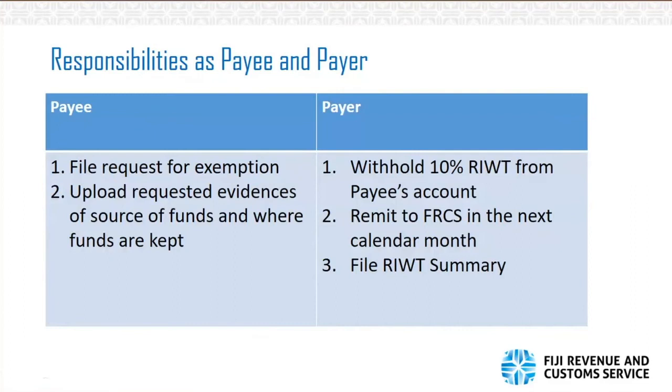They'll be required to upload the requested evidence of source of funds and where the funds are kept. The payer, the financial institutions or the companies paying the interest, will be required to withhold the 10% RIWT from the payee, remit it to FRCS, and also file the RIWT summary.